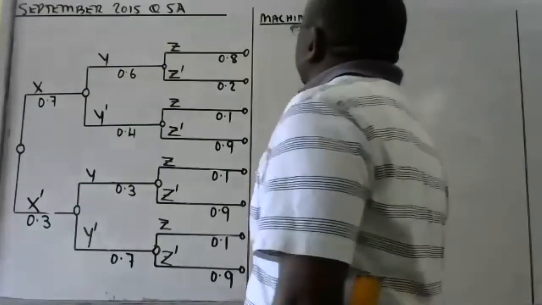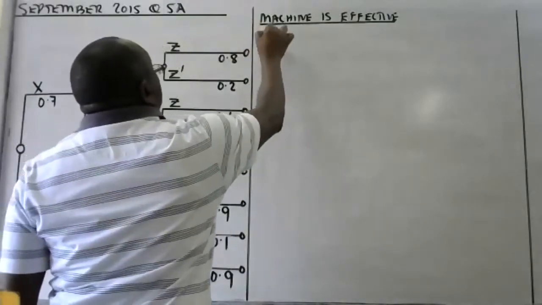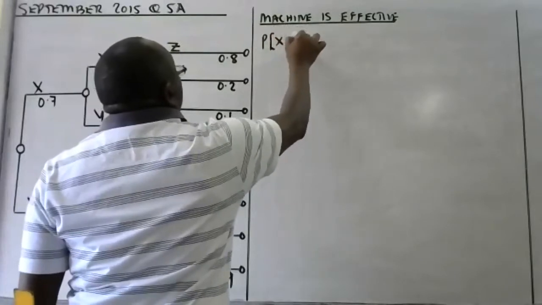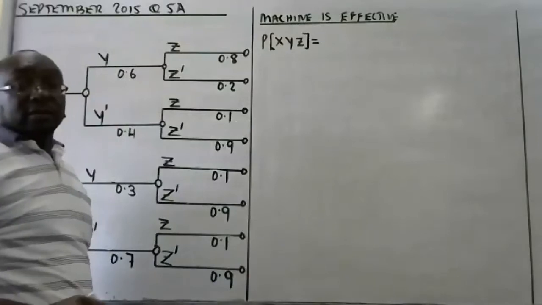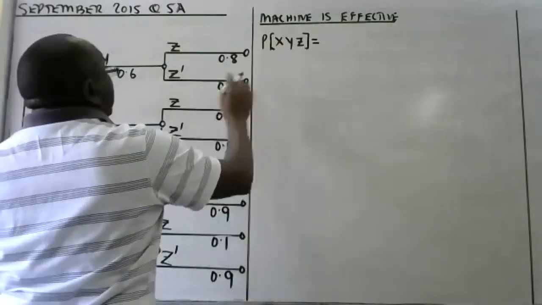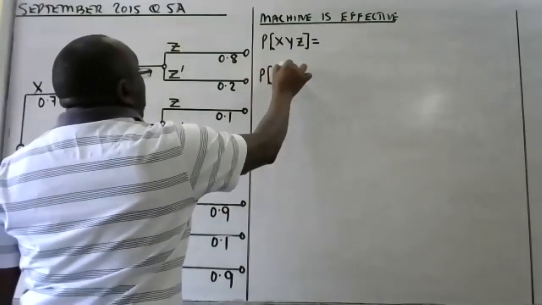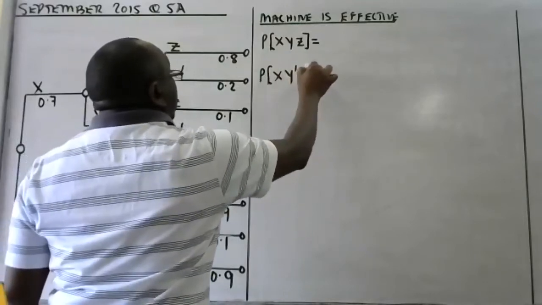So if there are 4 possibilities, I will say it is the probability of X working, Y working, and Z working. Then the other one, probability that X is working, Y is not working, but Z is working.